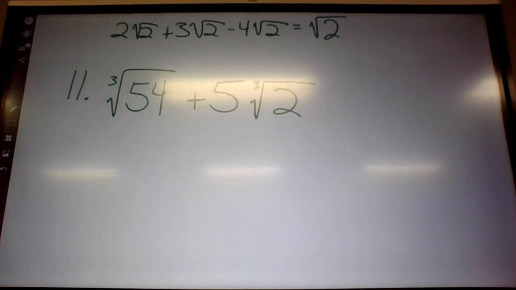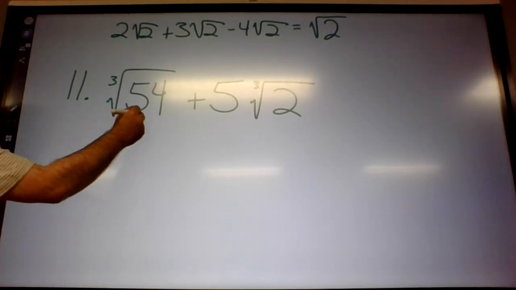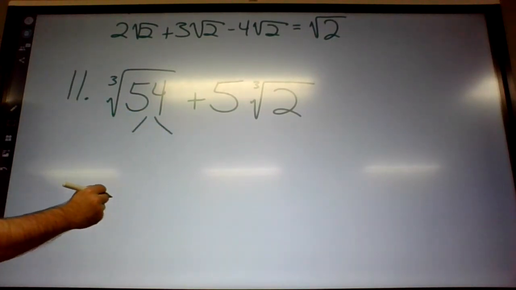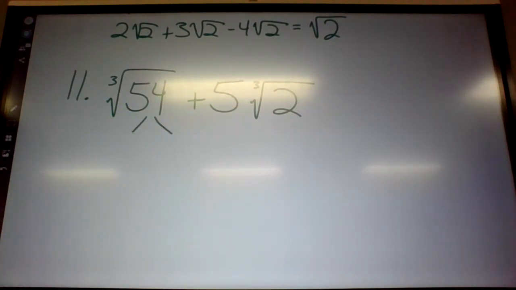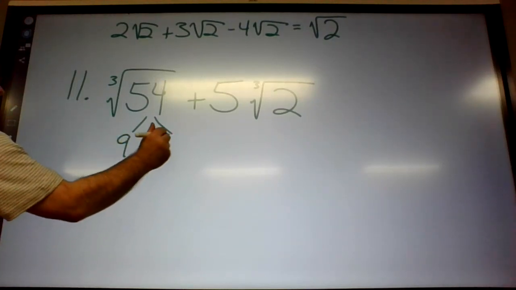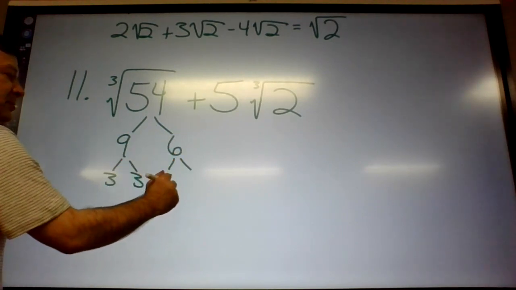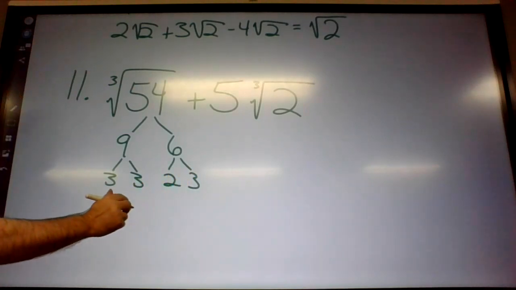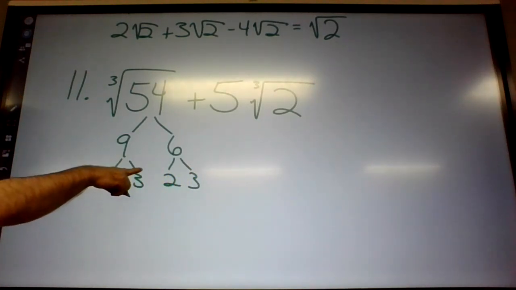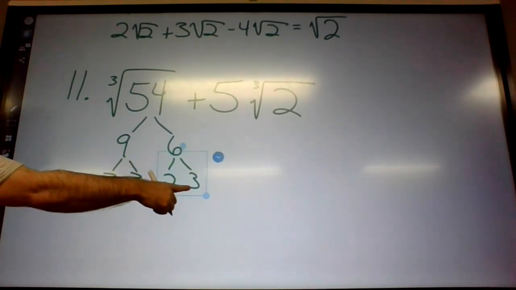Okay, Avery, what do we need to do on 11, do you think? Break down 54. So, almost the same thing as square roots, but to get out, we're going to need a triple. For a number to get out, 9, 6. Okay, 9 and 6. Sometimes people get these wrong because they start adding, like, they'll put 3 and 3 instead of 2 and 3.